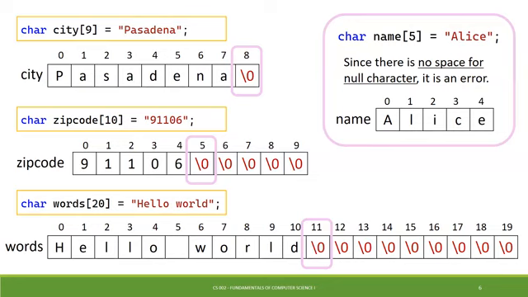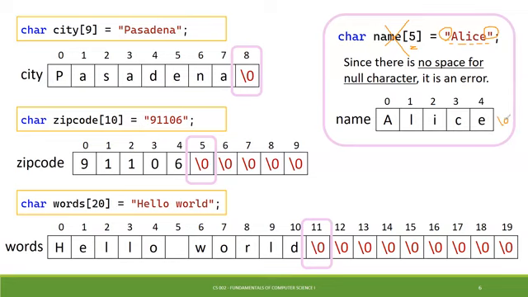In this slide, you should know this is wrong, because there are 5 spaces, so there is no space for the null, only ALICE. If you have double quotes, the computer will always try to put the null.